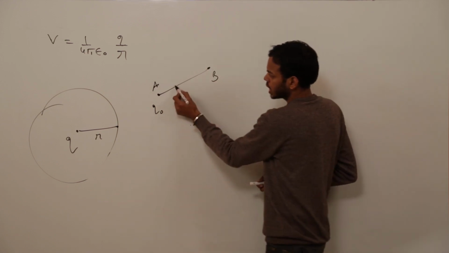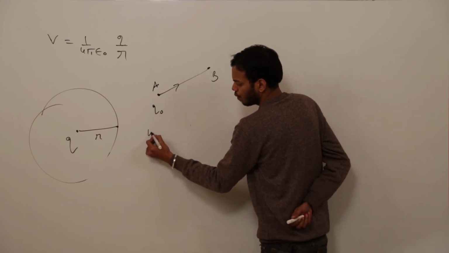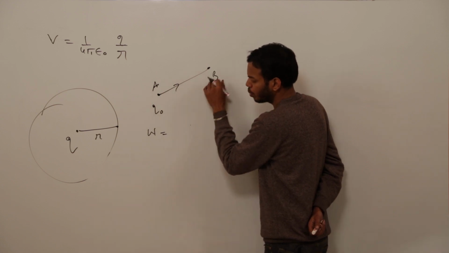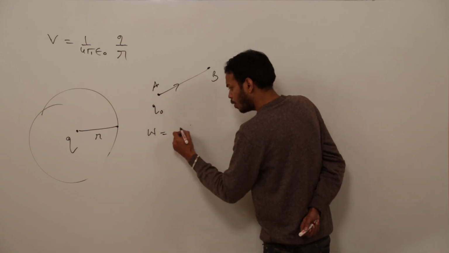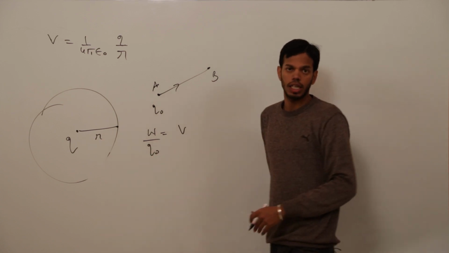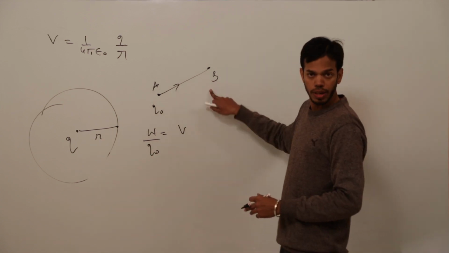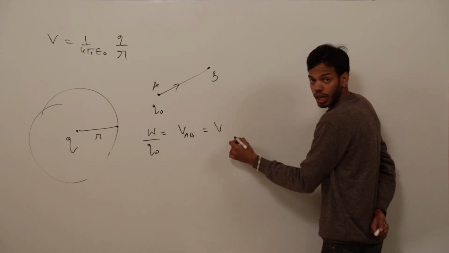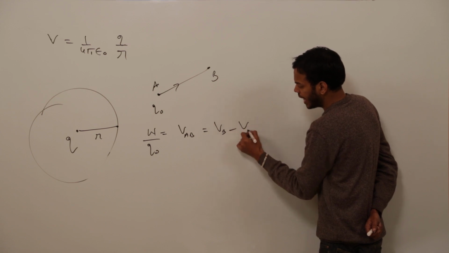In that case, what will be the work done? Work done in taking a charge from A to B would be the same. Potential is defined as work done per unit charge, but the potential from A to B will be VAB, which is actually the difference in potential of final position and initial position.